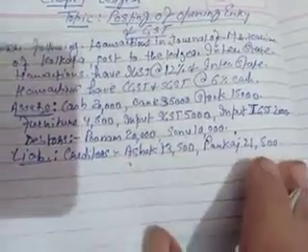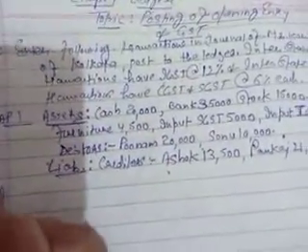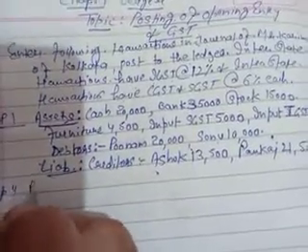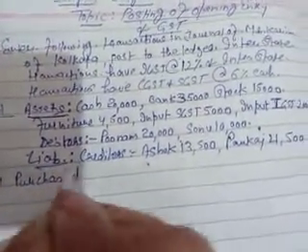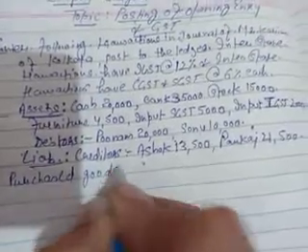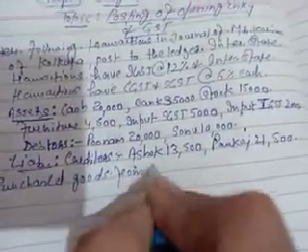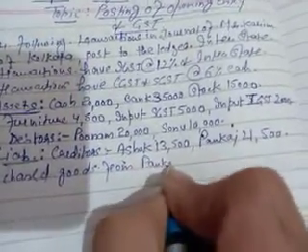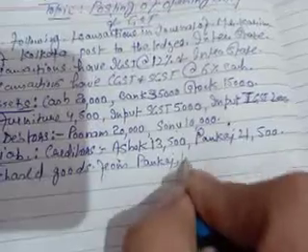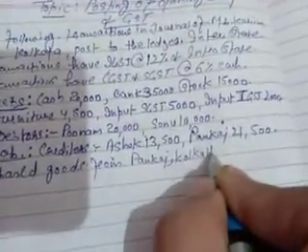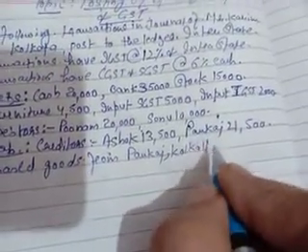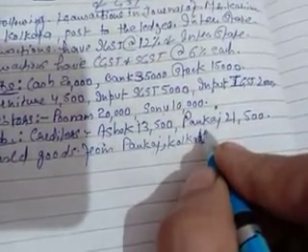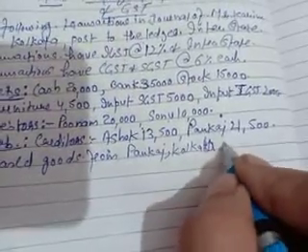April 1st, write the next transactions. April 4, purchased goods from Pankaj, Kolkata, 5,000.